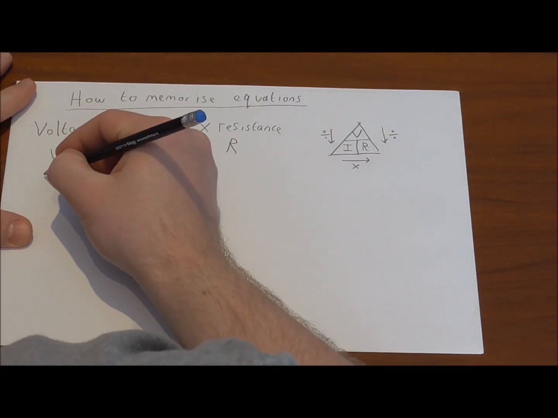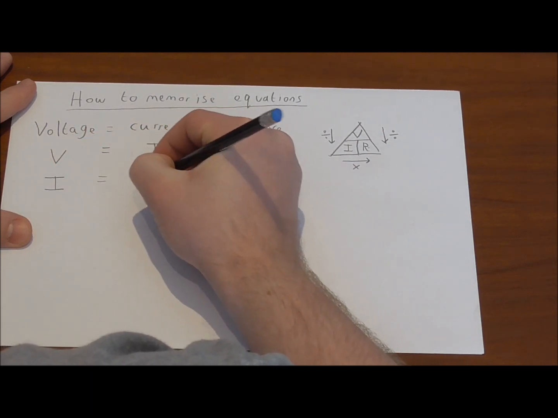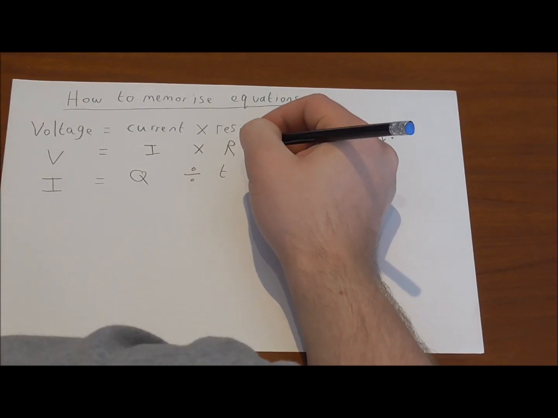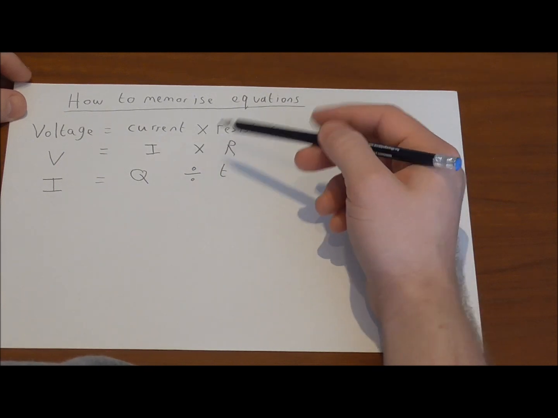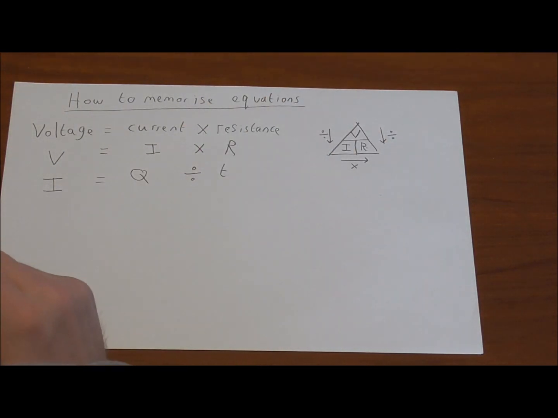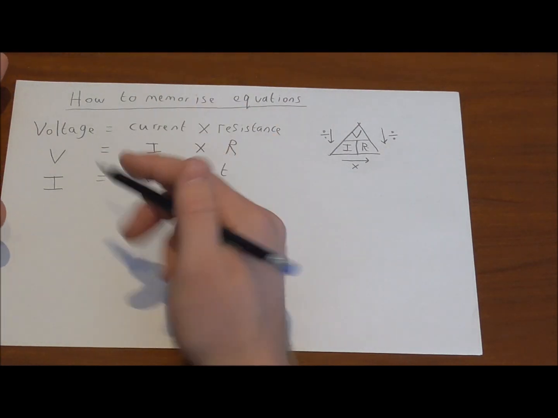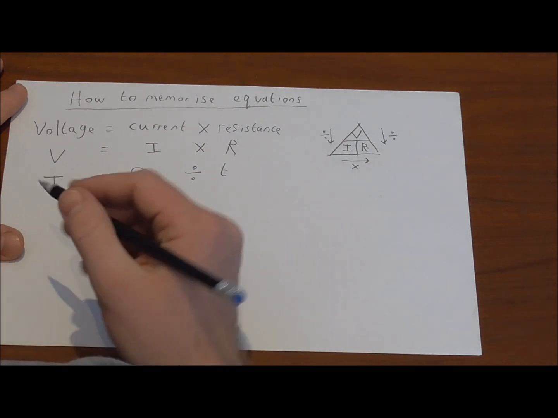An equation people often get mixed up on is current equals charge divided by time. Now, because you're memorising some with multiplication and some with division, people get those functions mixed up. So an easy way to make sure you're always getting it correctly is to memorise all the equations as multiplication functions.